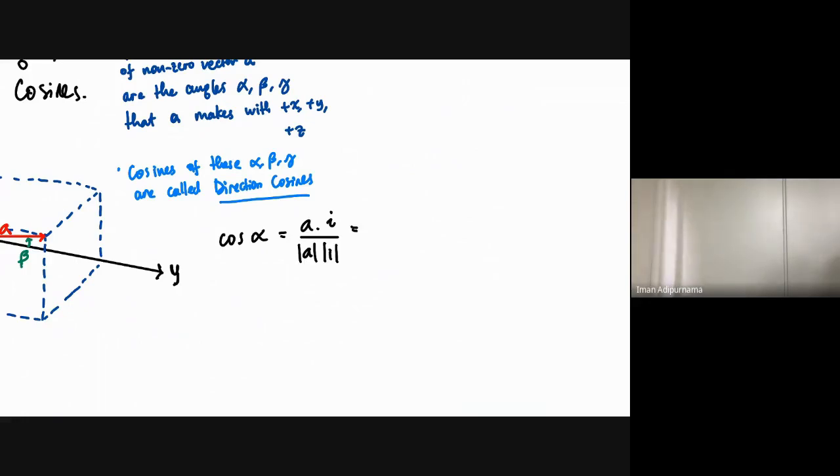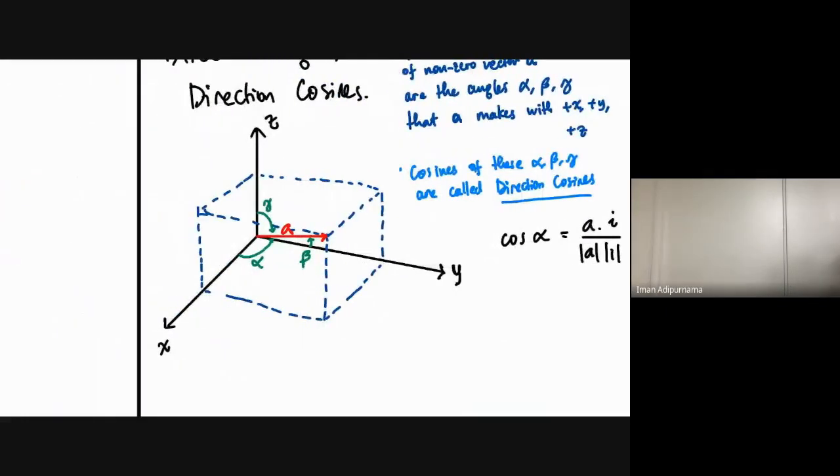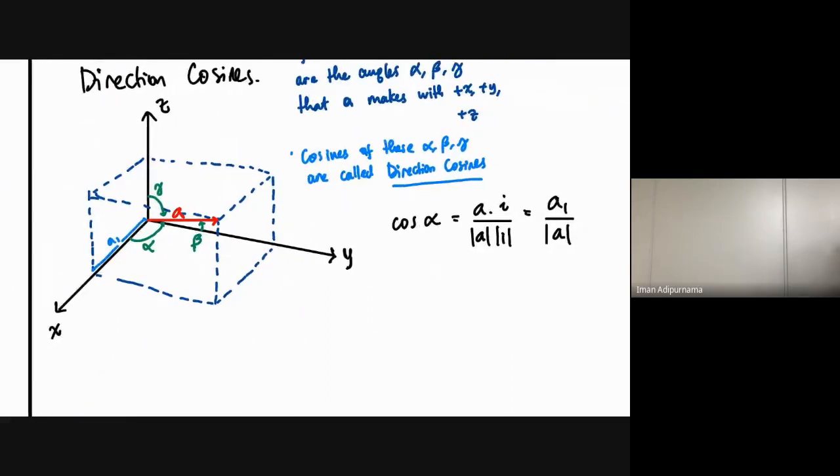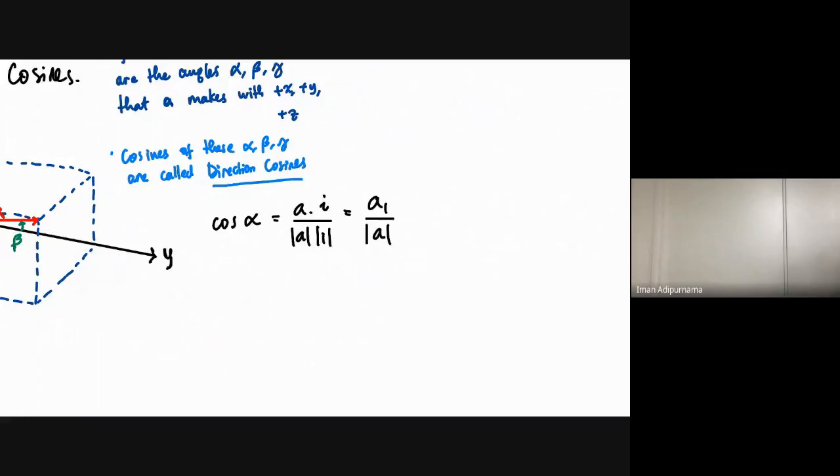So you will have a1 divided by the magnitude of A. So in the picture, a1 is here. And the same thing for a2 and a3 in each axis. Okay. So you will get the same or similar with the other angles as well.